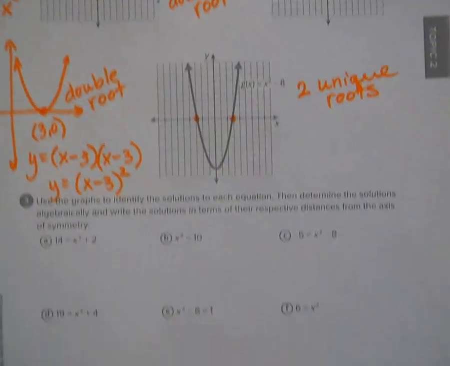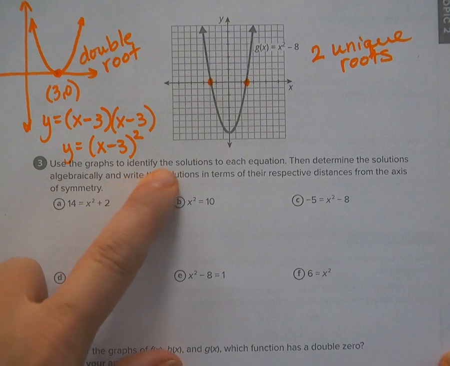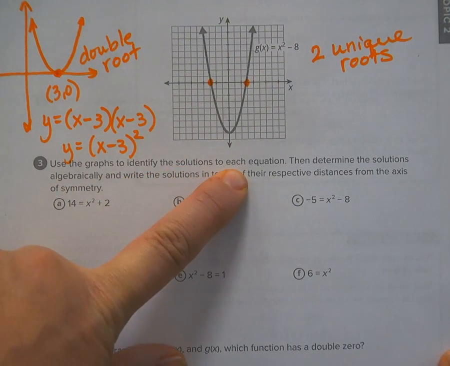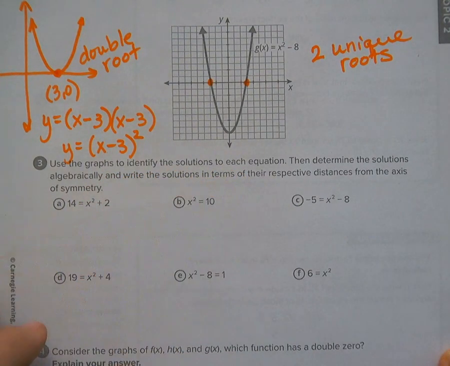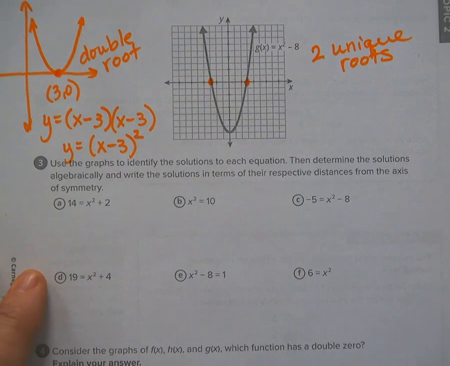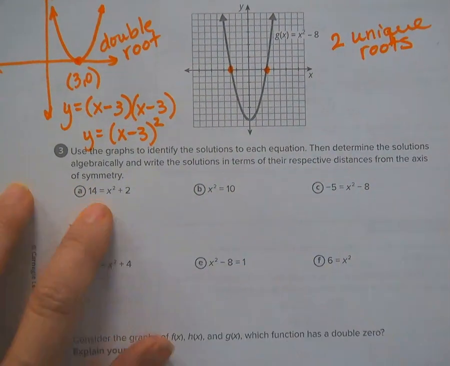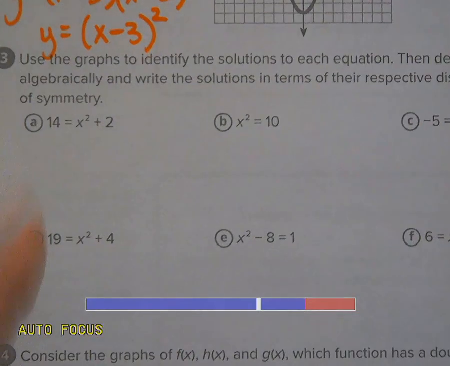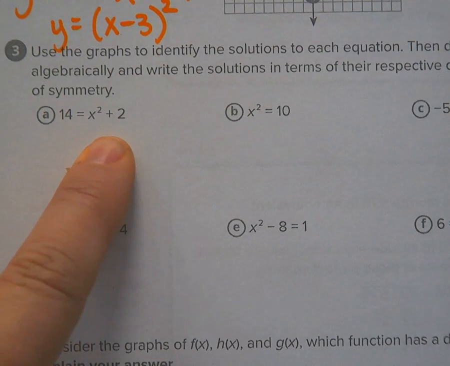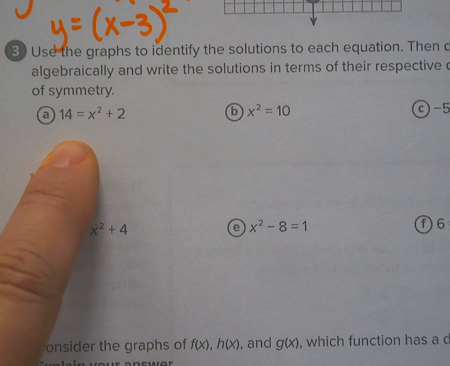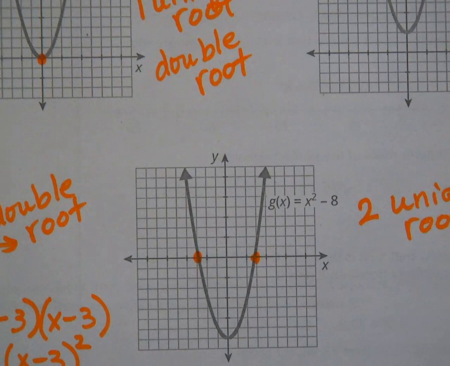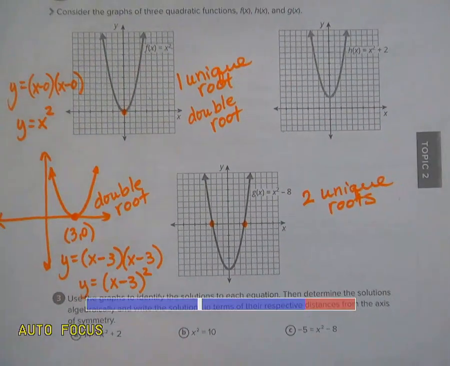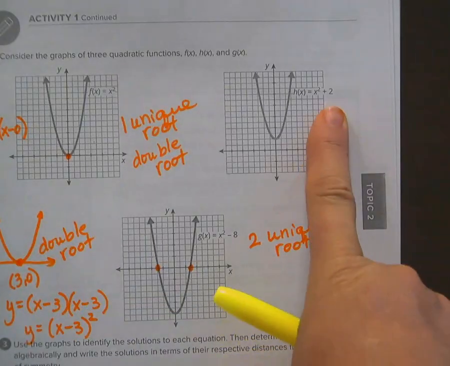Let's take a look now. It says use the graphs to identify the solutions to each equation and then solve it using algebra. We're just going to do a couple using the graph. So let's look at question 3a. If we want to solve x squared plus 2 equals 14, which graph are we going to use? Do you see that x squared plus 2?